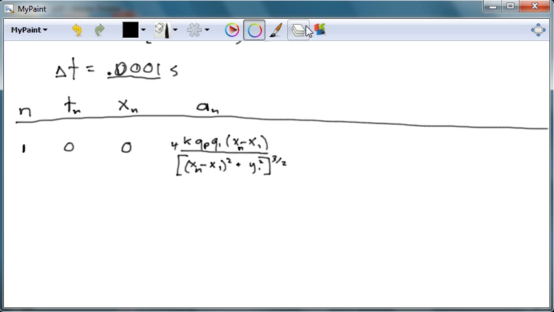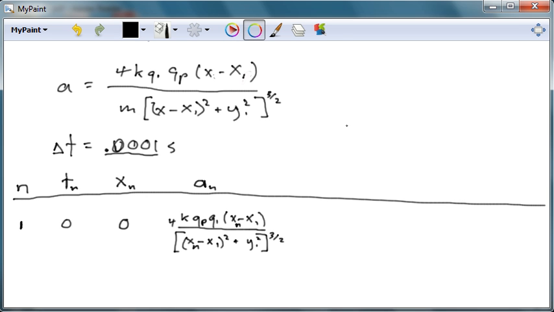So I just want to see if I have that right. Yeah. Our x is going to be the x sub n, position of our victim, 4k q. I reversed the order, so it's not important.